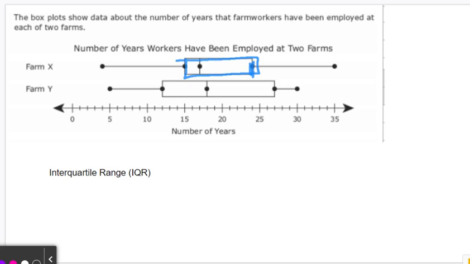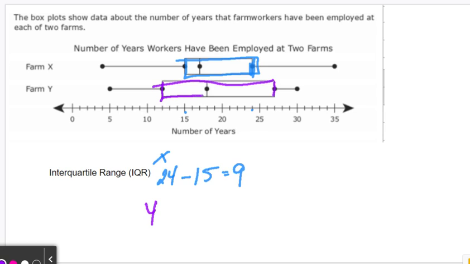This particular box has a high for farm X of 24. It has a low of 15. So when we subtract these, we see the interquartile range, the size of the box, is 9 for farm X. We can then do the same thing for farm Y. We're only looking at the box.